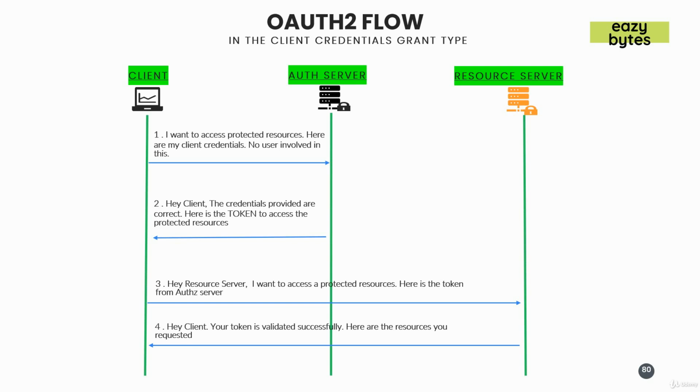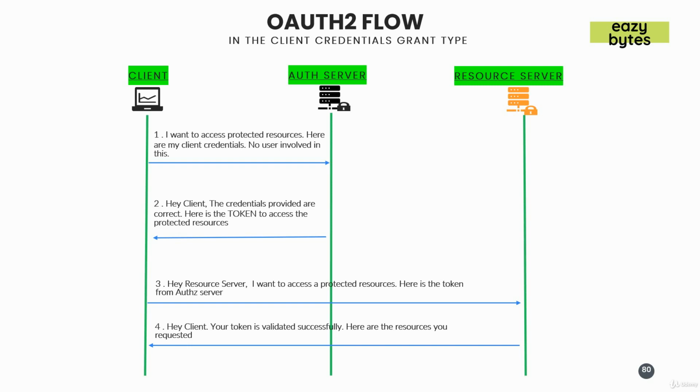Every application, before it tries to communicate with the other application inside your organization, has to prove its identity and get an access token from the auth server, which will eventually be shared with the other application to get the resources from it. So in such scenarios, we will use client credentials grant type as the name indicates, and you can also see there is no involvement of resource owner or user in this auth flow.